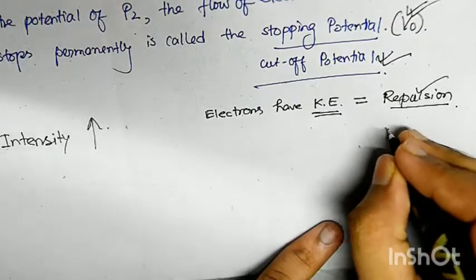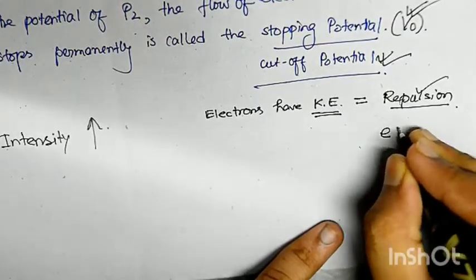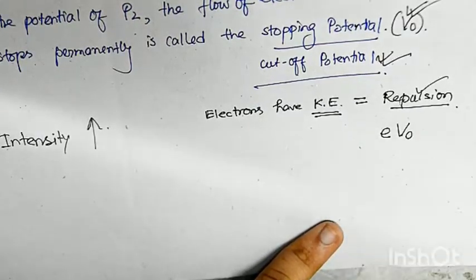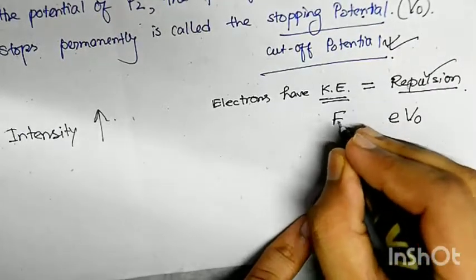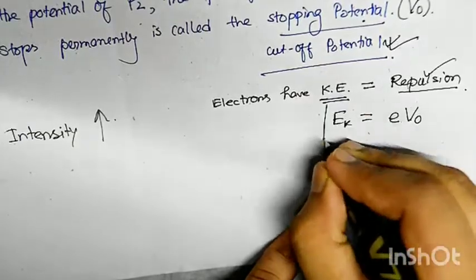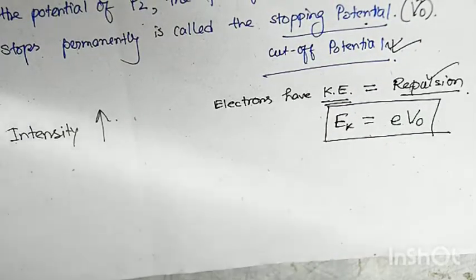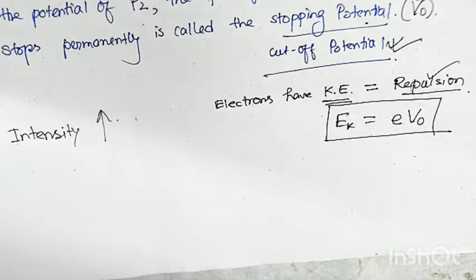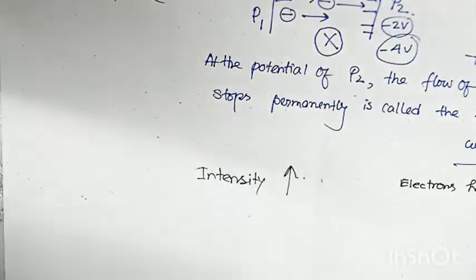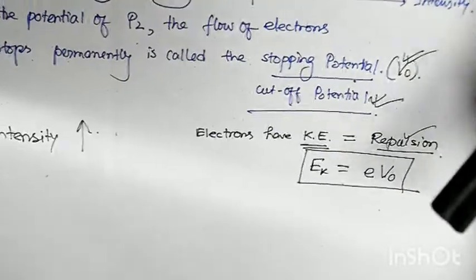So for an electron of e coulomb of charge, e into V0 will give me the value of the energy of that electron. That is why this value, e V0, tells us the kinetic energy of the electrons. Now, it's completely a mechanical problem.